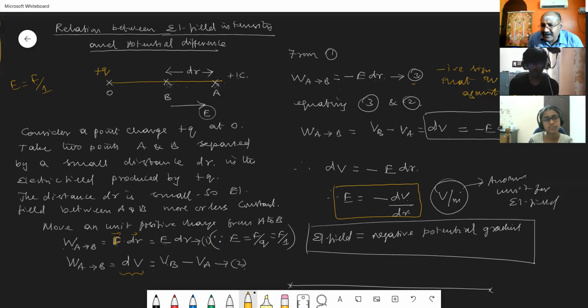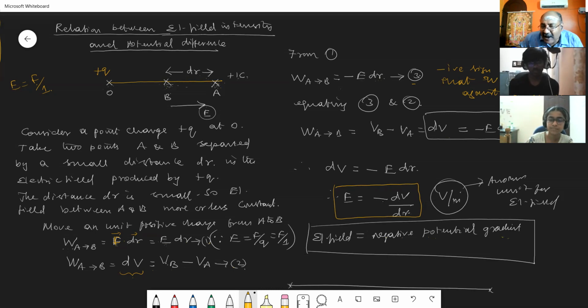So in this relation, potential is divided by distance. Any quantity divided by distance is usually represented as a gradient. Here potential divided by distance, so it is called the potential gradient. But that potential gradient has a negative sign. So we can say the right hand side is the negative gradient of potential or negative potential gradient.